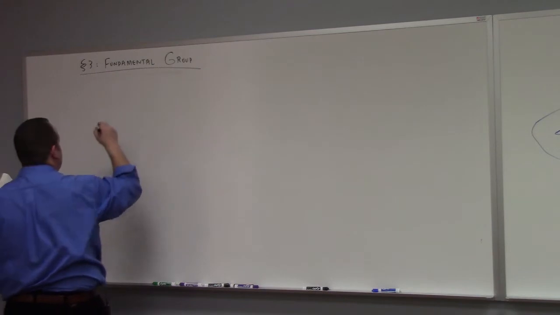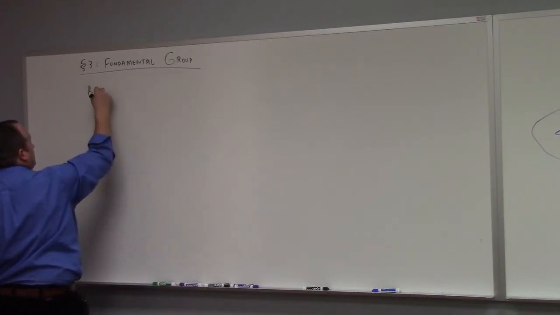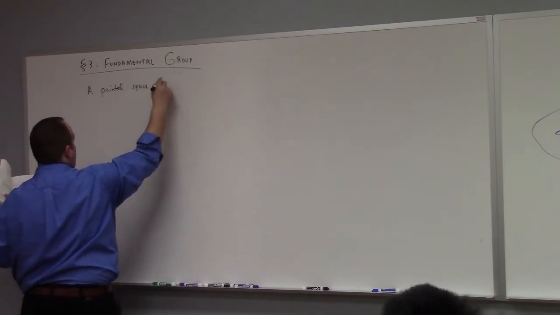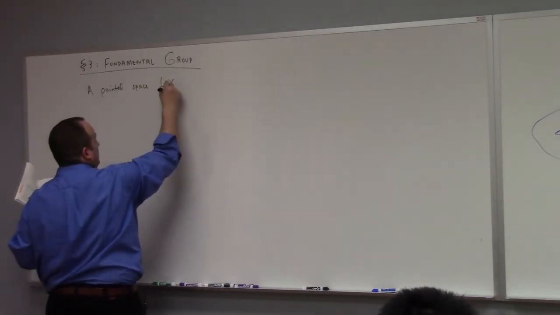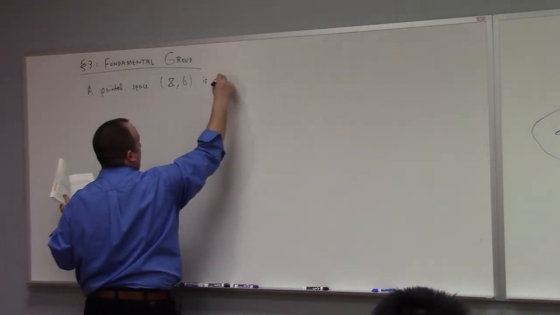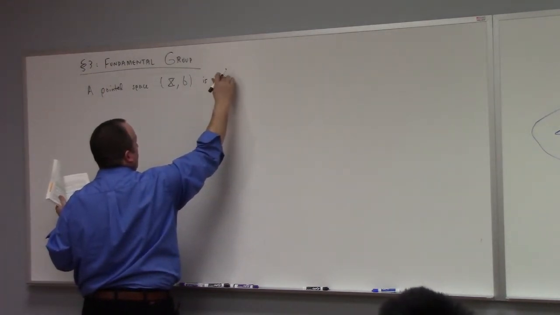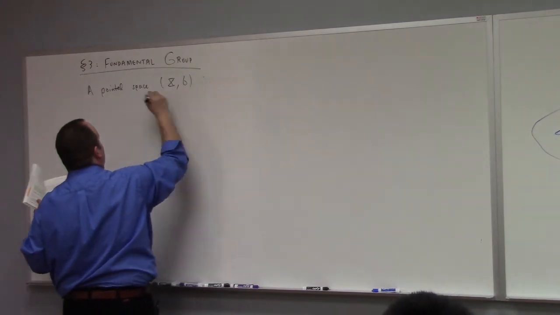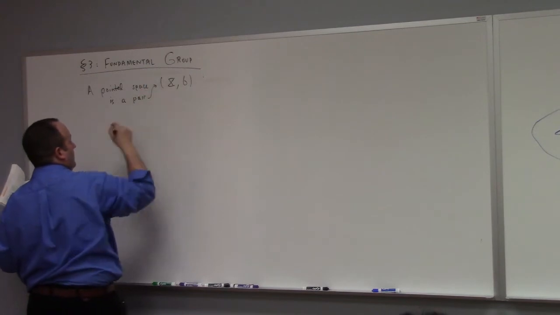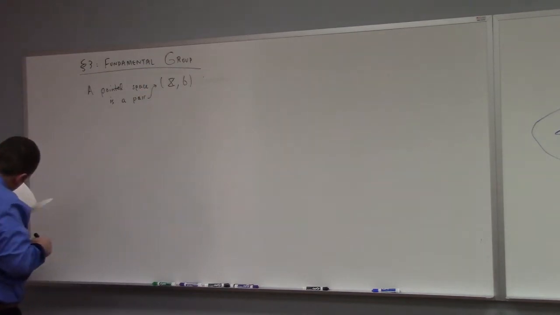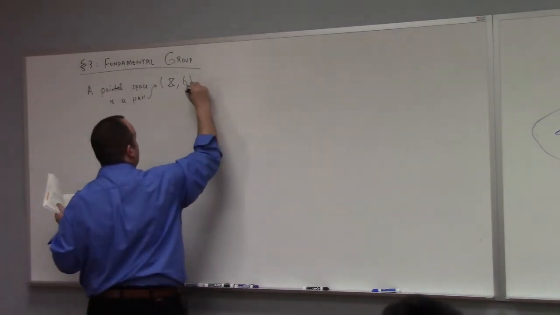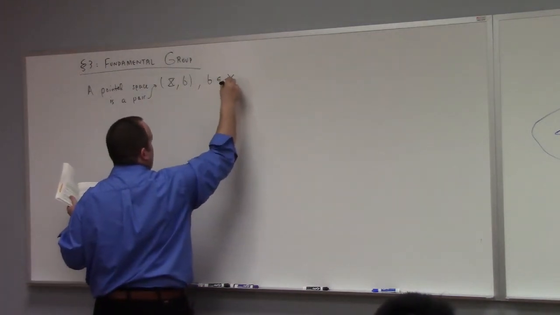So he says a pointed space, and he uses X, B as a pair. Here, B is a point in X, all right?